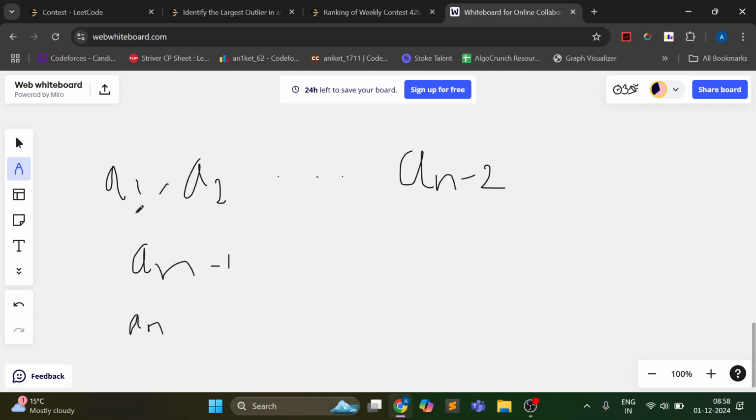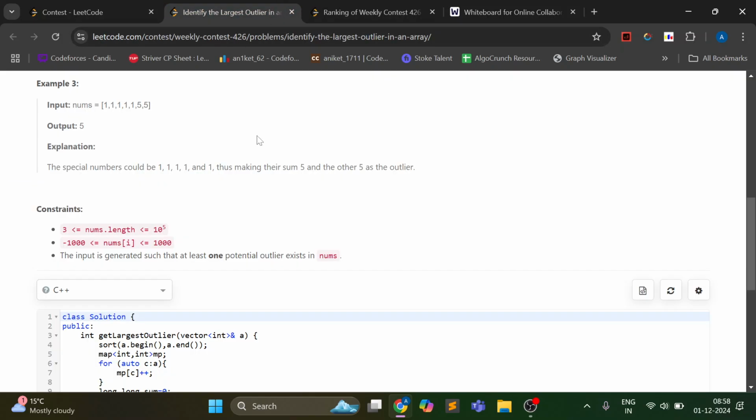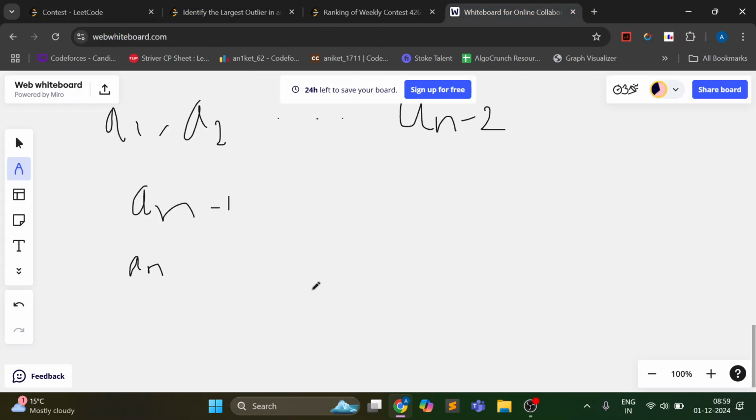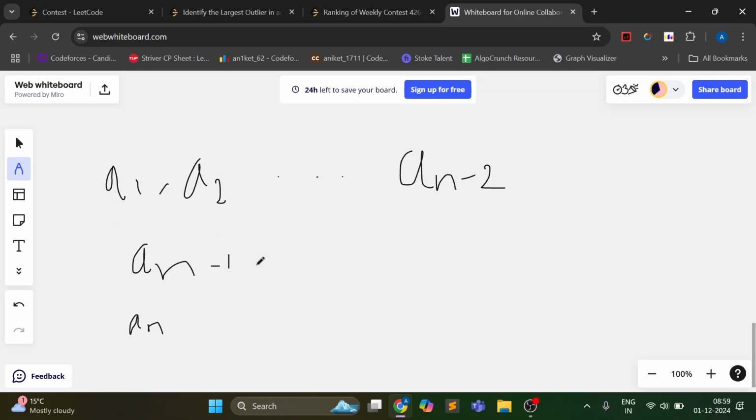They are just a permutation, you can say, arrangement of original array. Now let's consider an minus 1 is my sum of special number, and an is my outlier.